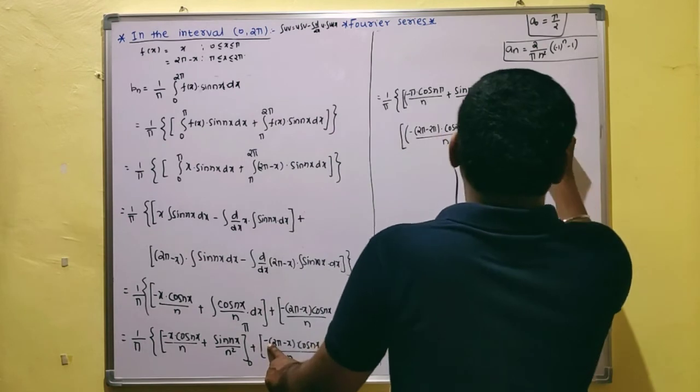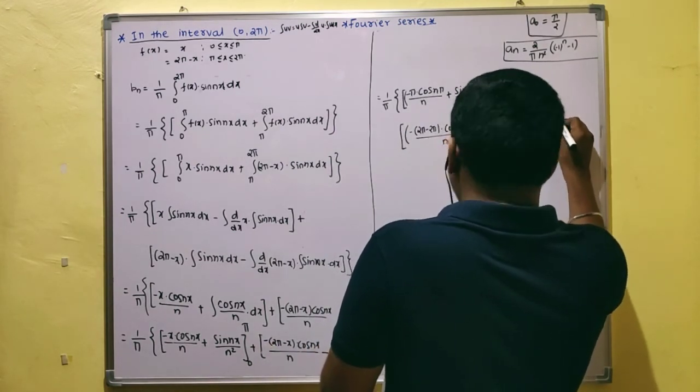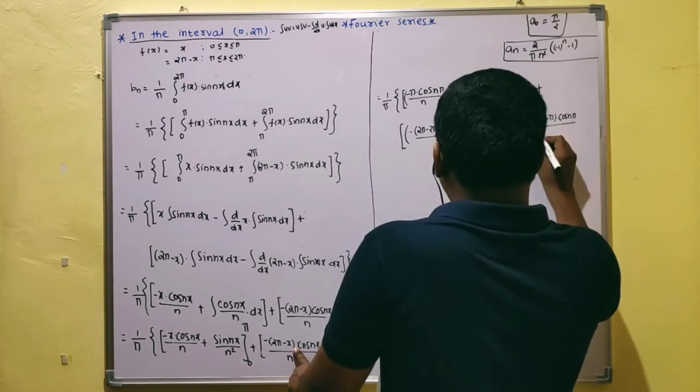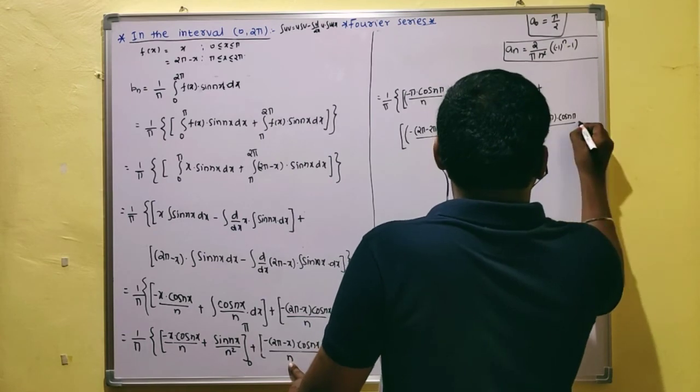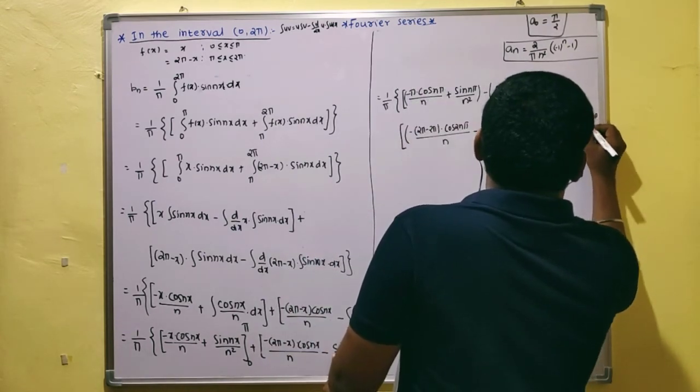By putting here minus of 2 pi minus pi into cos n pi divided by n minus sin n pi divided by n square.